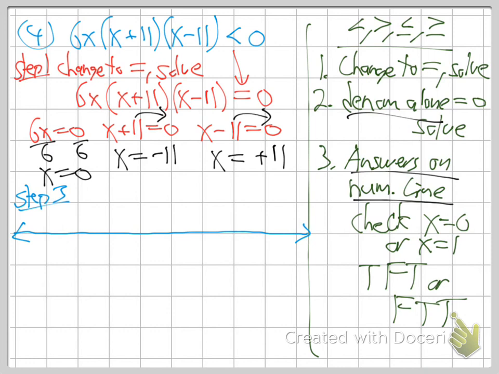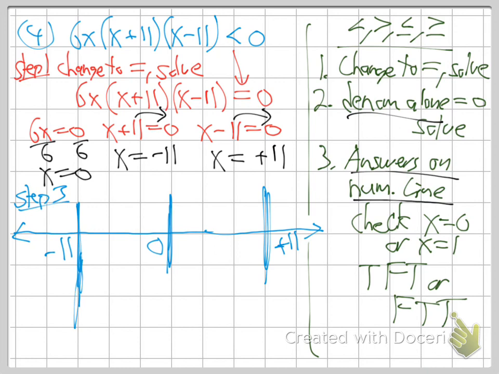Put the answers. One of them is here at -11. And then there's one of them at 0. And then there's one of them at +11. Let me give a little more room there. So now we've got sections on the number line, don't we?